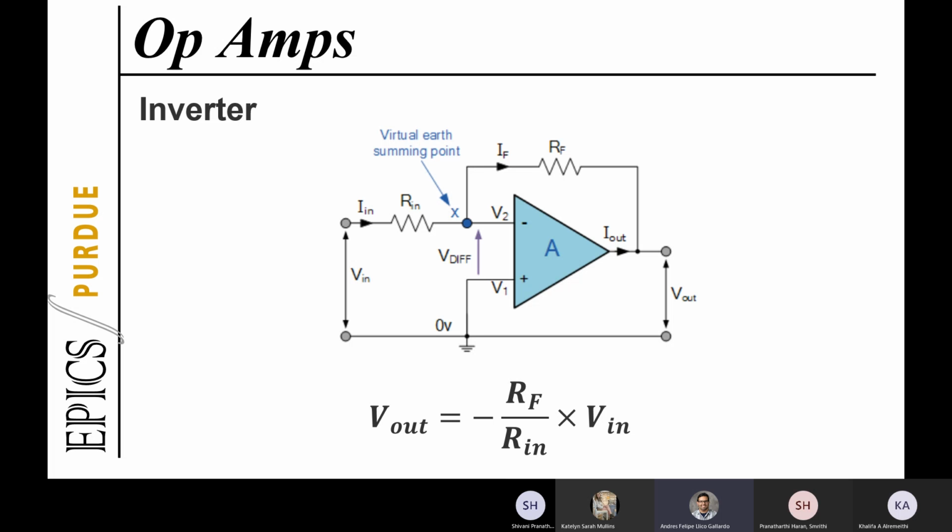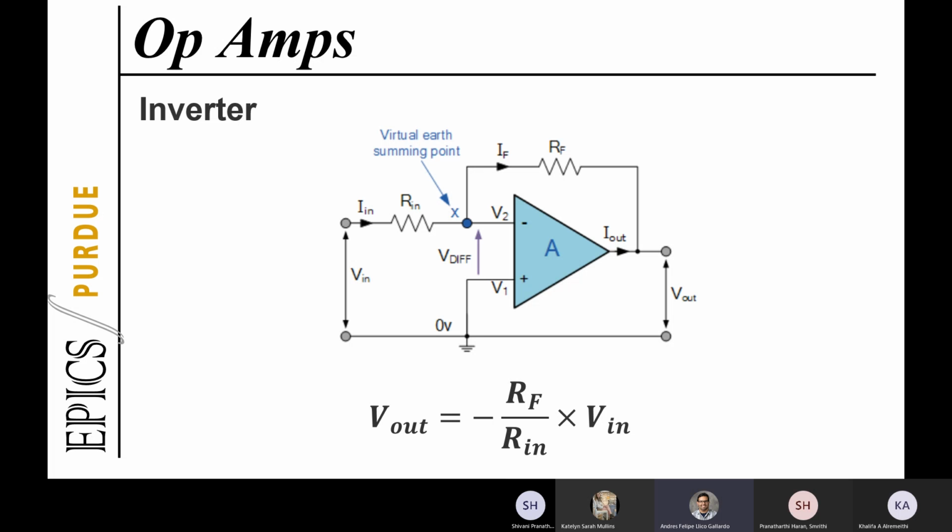What you need to remember is that this setup accomplishes an output voltage that is a scaled version of the input, based on the ratio between the RF resistance and Rin. However, we see the minus sign here. Therefore, the signal is going to be inverted. That's where the name of this configuration comes from.